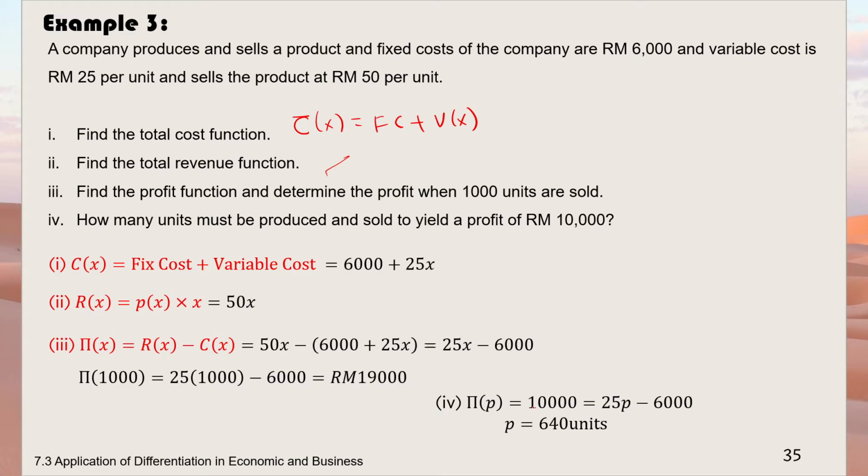Now you need 10,000 as the profit, so we just work in reverse: 10,000 equals 30x minus 6,000. Here x is how many units you need to sell. You can use x, or if you want, you can use y. If you sell 640 units, you are going to earn 10,000 ringgit.